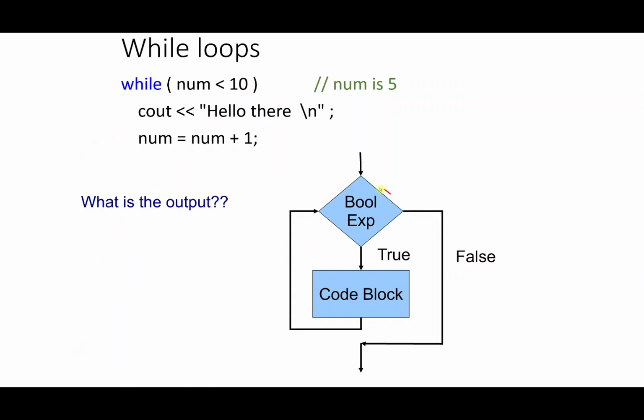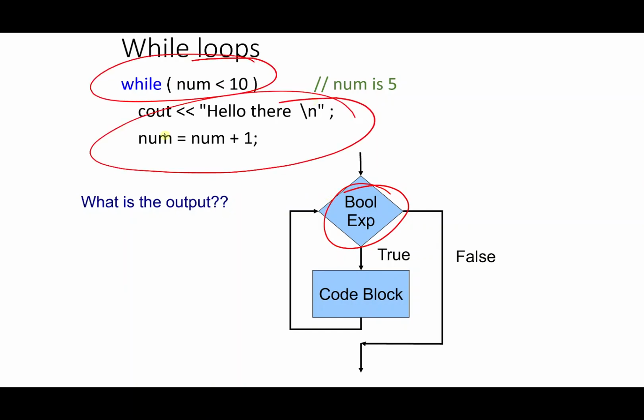If the Boolean expression is true, we execute the true block. If it's false, we skip this true block from here to here, right? We don't execute this true block. What is the output?